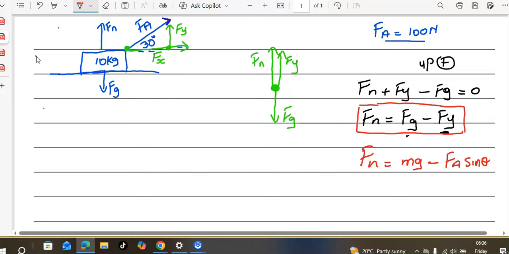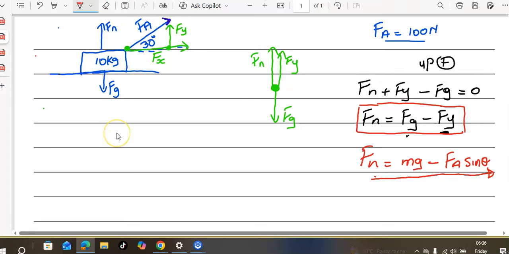But now, this is the formula to memorize. If the force is pulled at an angle, the normal force is equal to mg minus Fa sine theta. Are you happy with that? Yes, sir.